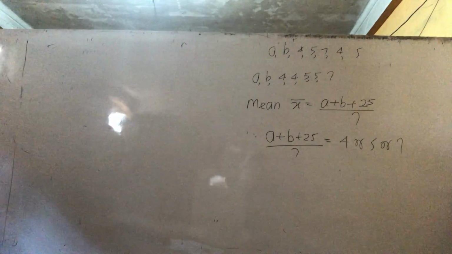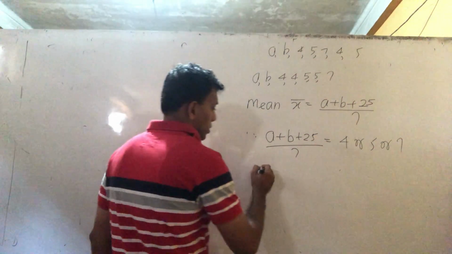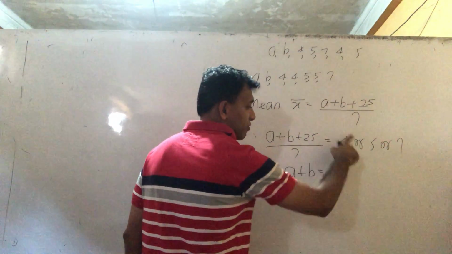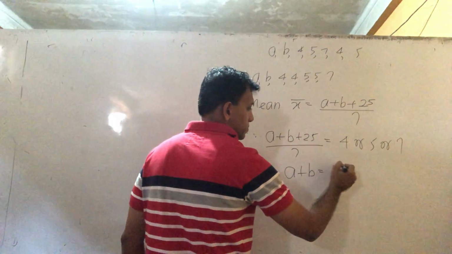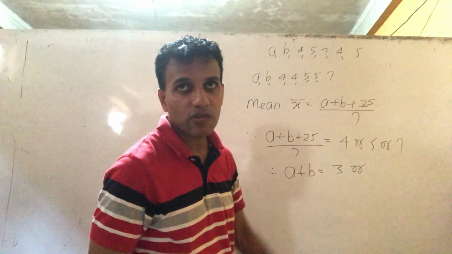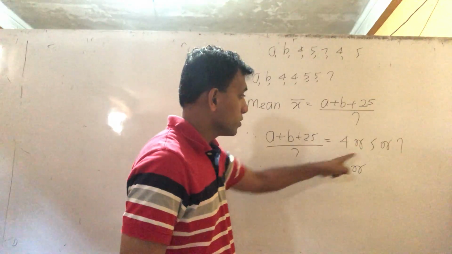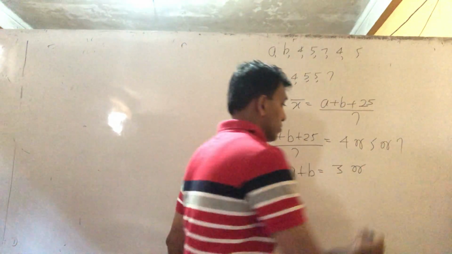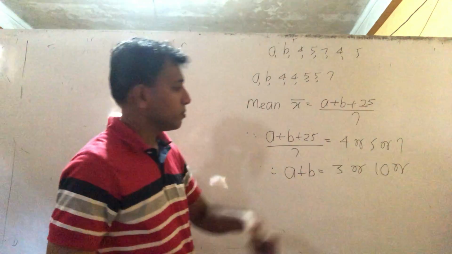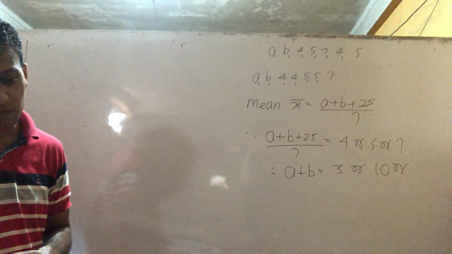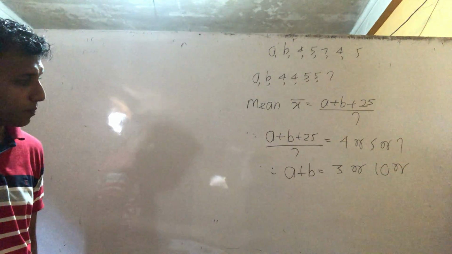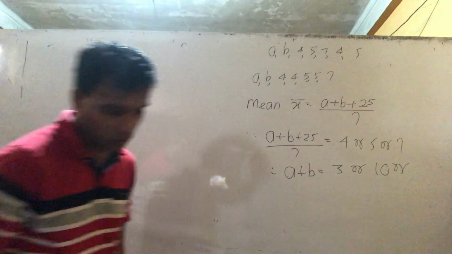Therefore, what is the A plus B answer? Take 4: 28, subtract 25, so 3. Or 35 subtract 25, 10. Or 49 subtract 25, 24. So the value is 3 or 10 or 24.